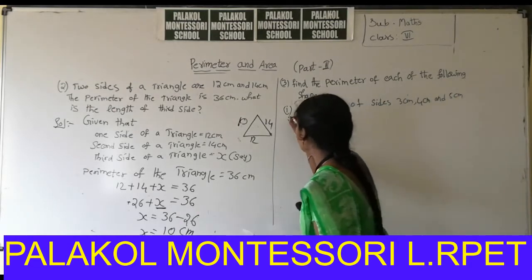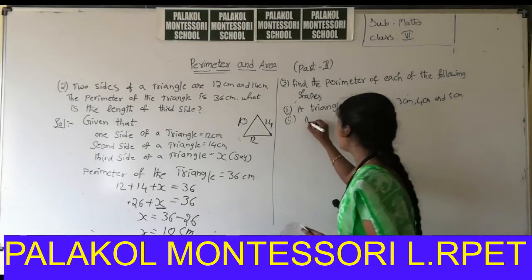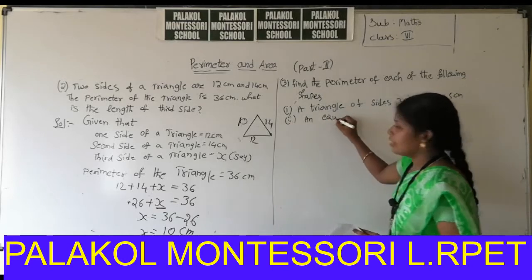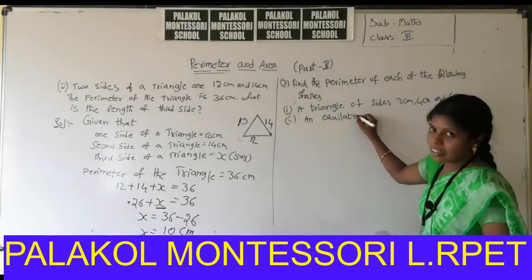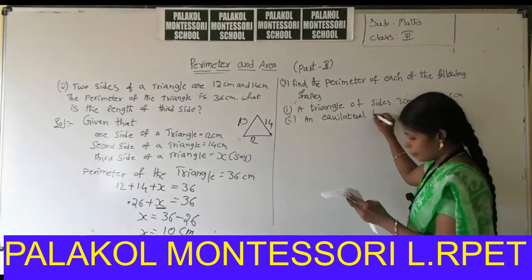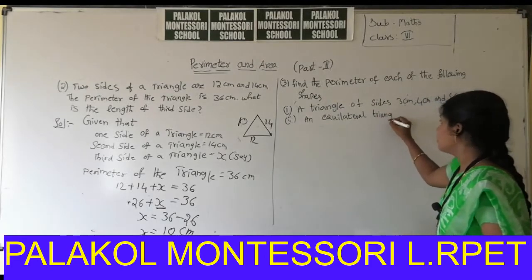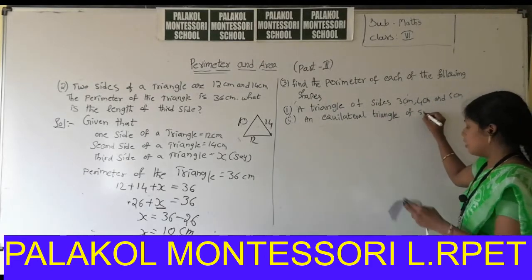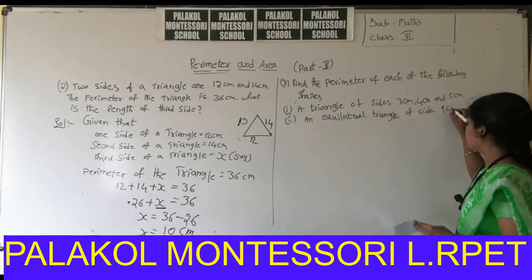And the second one, an equilateral triangle of side 9 centimeters.